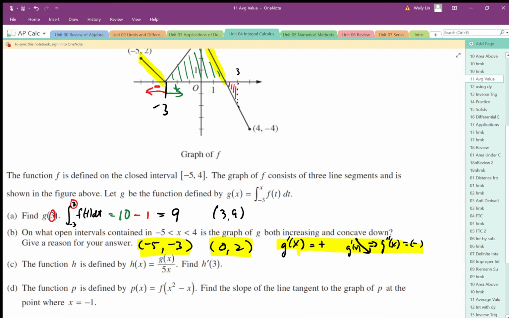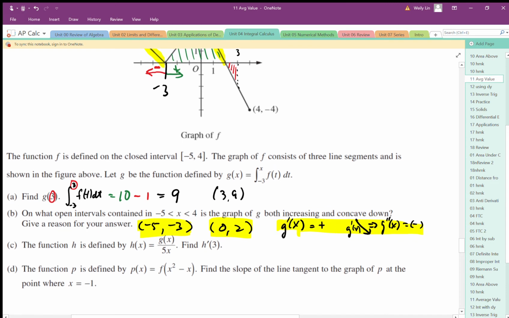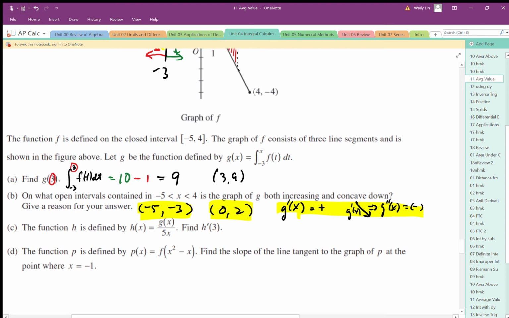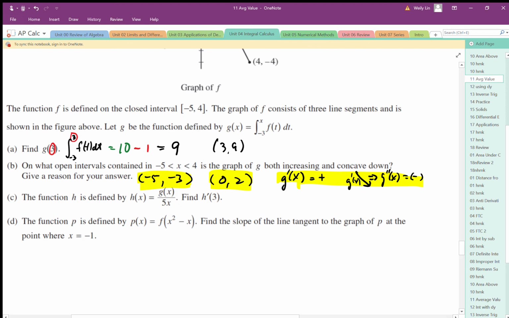Let's see here. Part C says the function h is defined by the quotient function g of x over 5x, and it says find h prime of 3. So let's differentiate h.